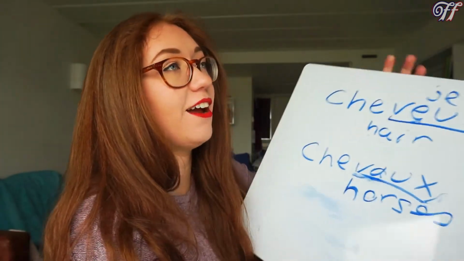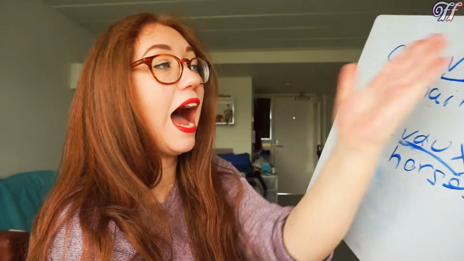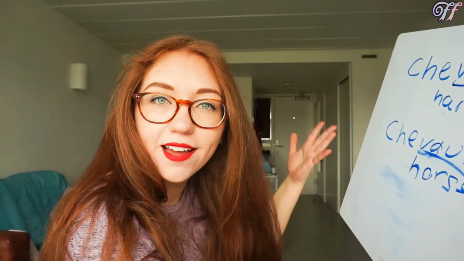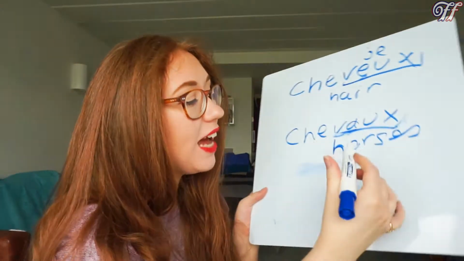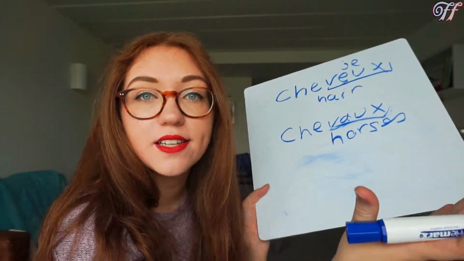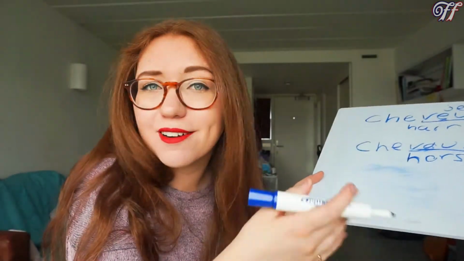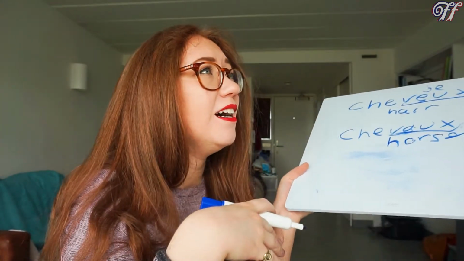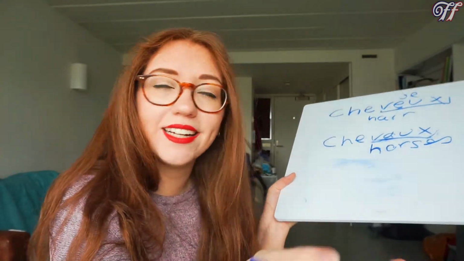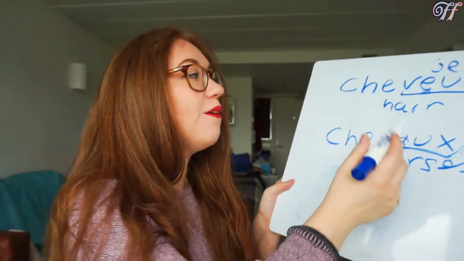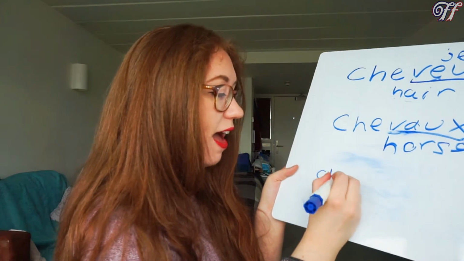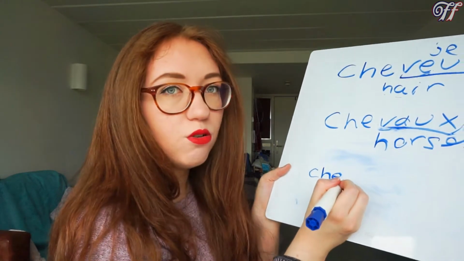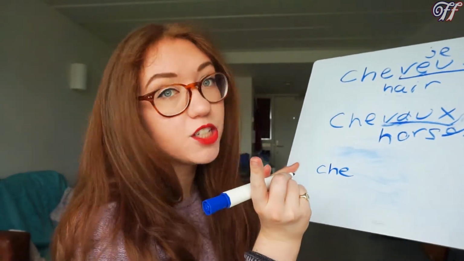So je veux. Now if I want to make it personal to me, I want hair. I want lovely hair, I want beautiful hair, but I'm not actually that interested in horses. I don't really like how they look. I don't have horse pictures. I've never really done any horse riding. I'm not really interested in horses, and I don't want a horse. So if I was going to start writing the word hair, I would get here and think, oh, I want hair, but I don't want a horse.